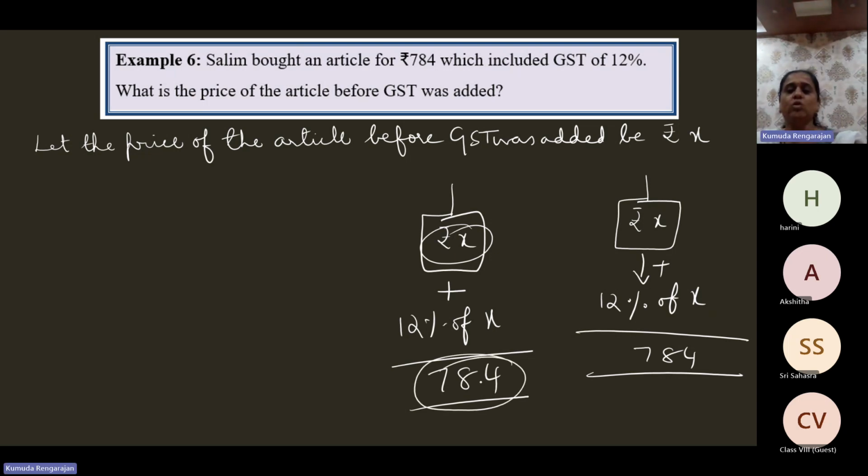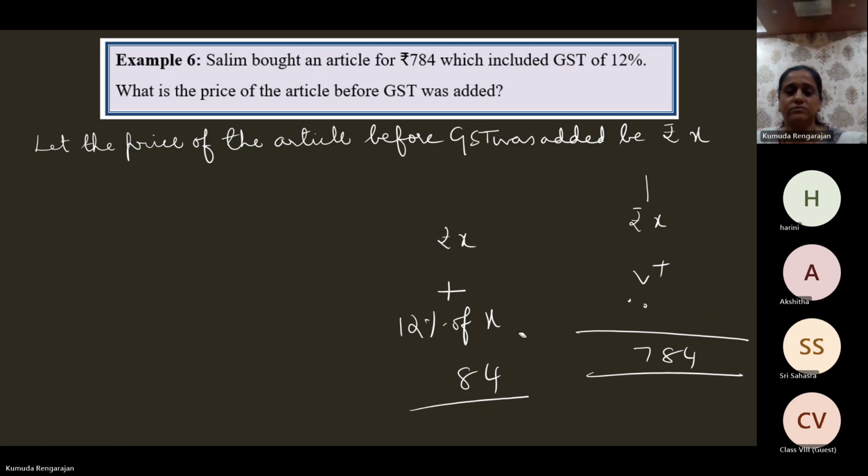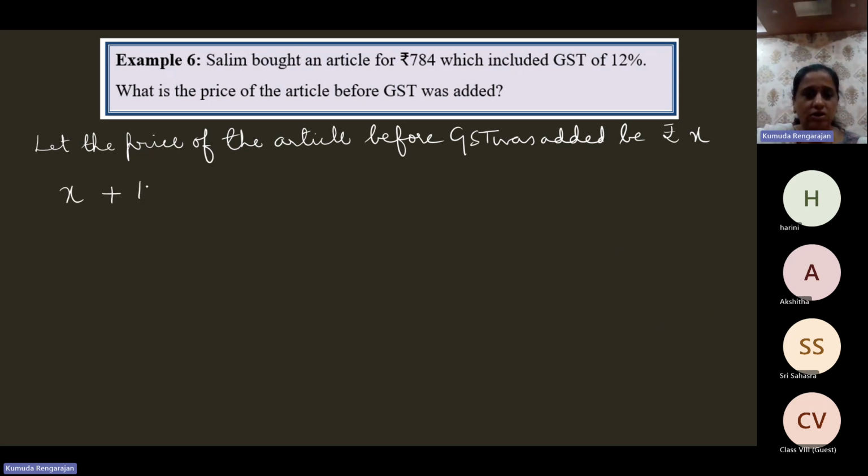The price including the GST. So the price of the article X before GST, X plus 12% of X is equal to 784.